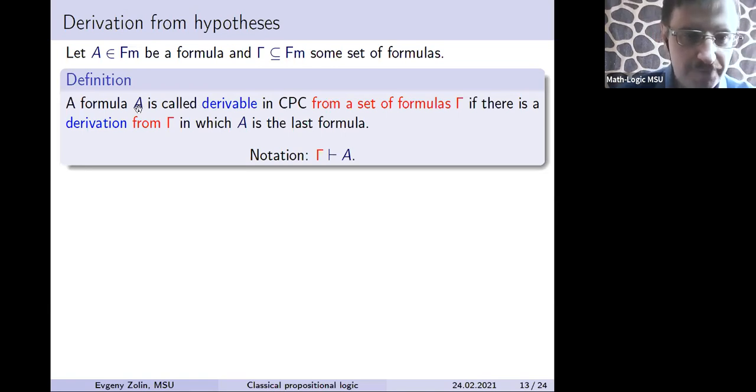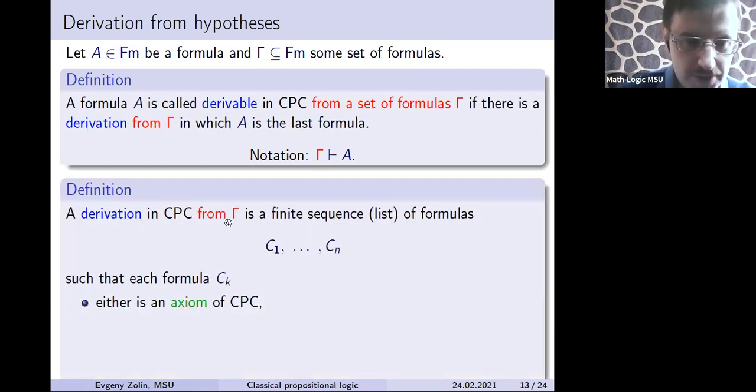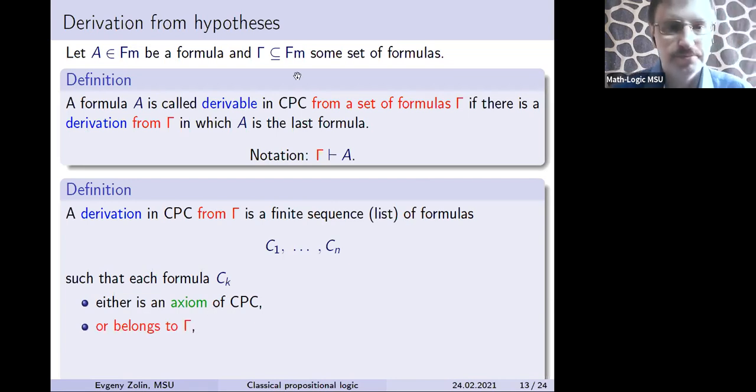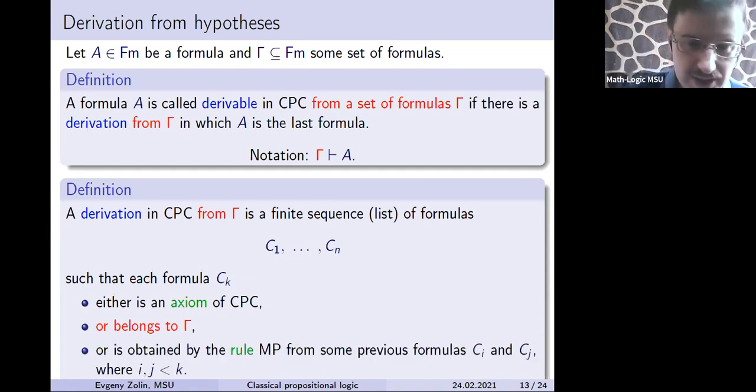So now we derive formulas from a set of formulas gamma. And what does it mean? A derivation of a formula from a set of formulas gamma is again a finite sequence of formulas, such that each formula is either an axiom of our calculus or belongs to gamma. So we can use our hypotheses. In this context, formulas from gamma are called hypotheses, or again obtained by modus ponens.